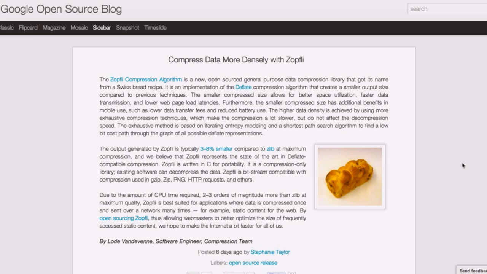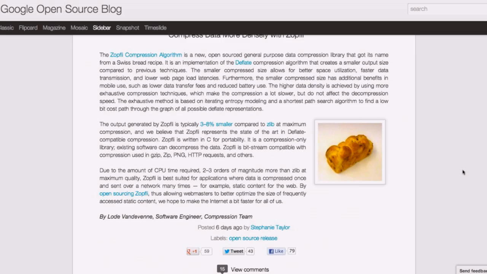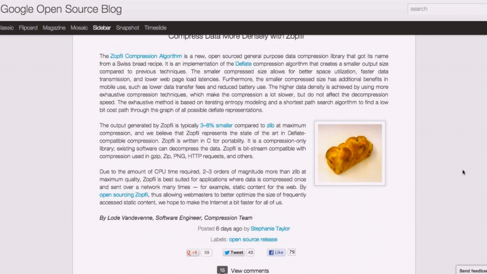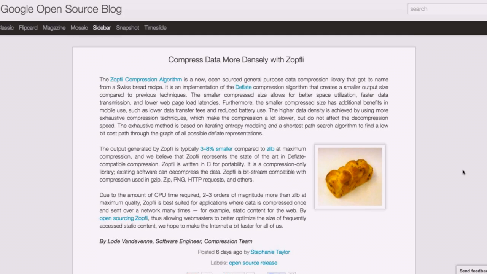A lot of what Deflate is used for in web servers is to compress content on the fly, like the output of a Google search. They don't know the answer until you do the search, so they compress it at the last minute and then send it out. But Zopfli is so slow, they probably wouldn't be able to do that. So this would be for stuff that's sitting around. Like if the Jupiter Broadcasting website has a bunch of JavaScript on it, like jQuery.